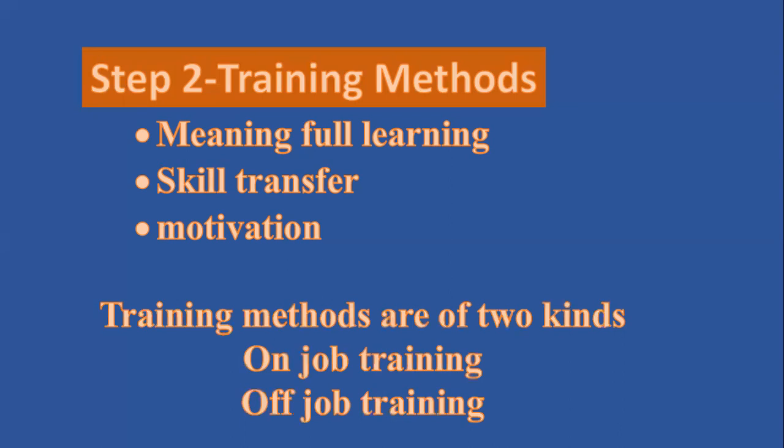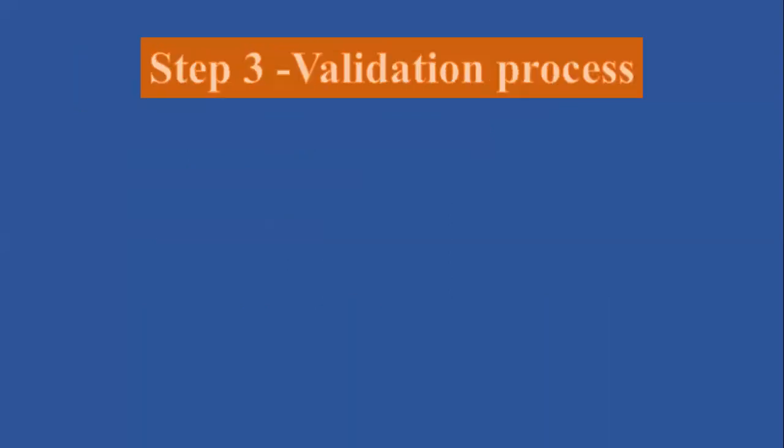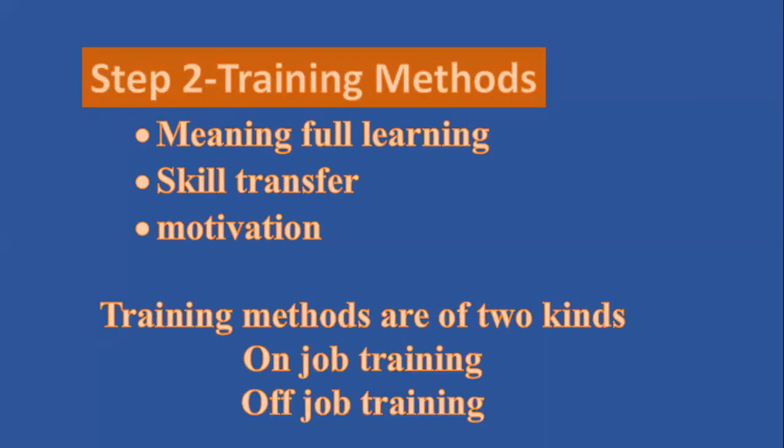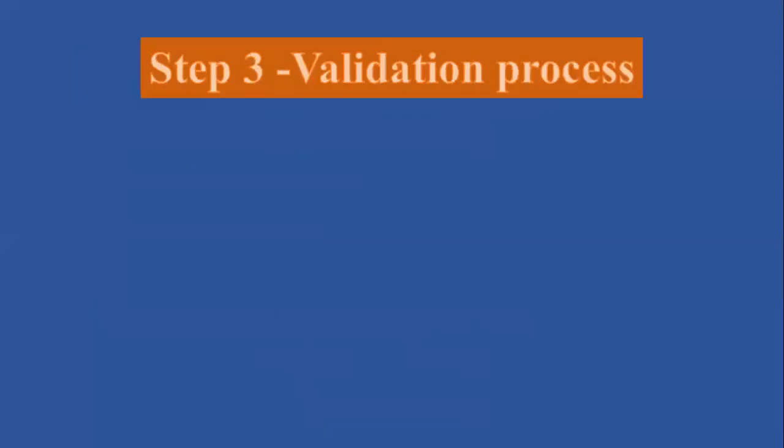Depending on the situation, each method can be a valuable tool for teaching employees new skills and behavior. The training methods are of two kinds, on-the-job training and off-the-job training, which we will be discussing in the coming class under training methods.